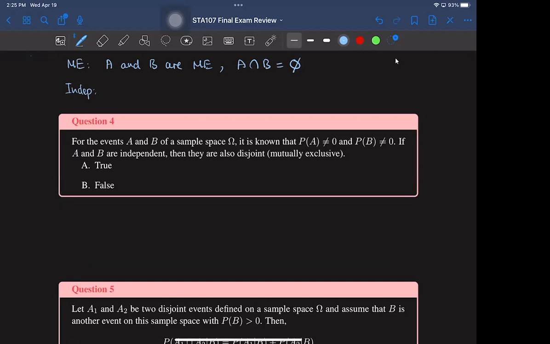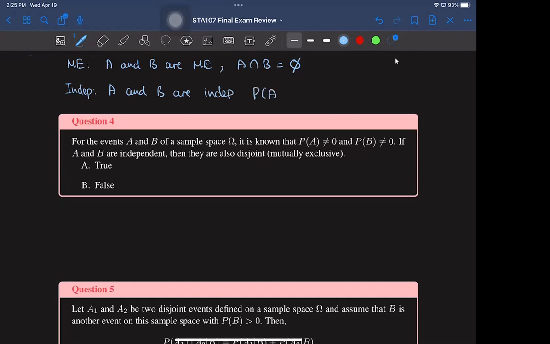Those two events cannot happen together, right? Either you pass or you fail. You cannot pass and fail at the same time. So that is mutually exclusive. And for independence, we say A and B are independent events.